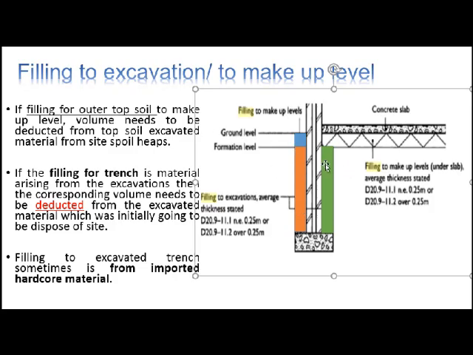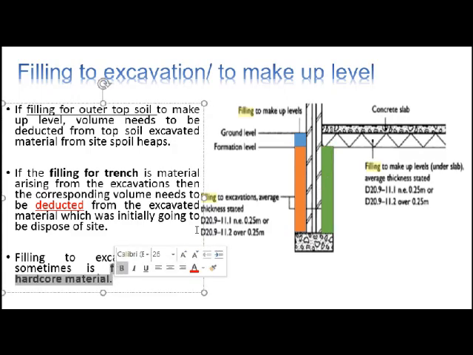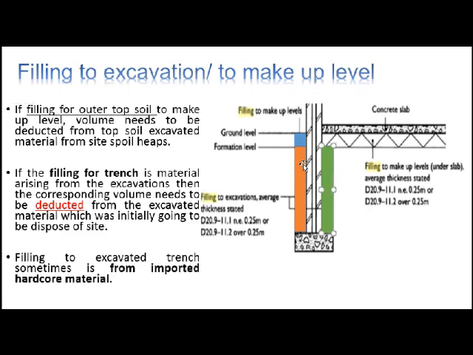The difference between filling for trenches outer and inner is that the green one is normally from imported hardcore material. Hardcore material can be made up from bricks or broken bricks or broken gravel mixed with soil. So it's a bit harder compared to the soil that has been excavated and put on site.